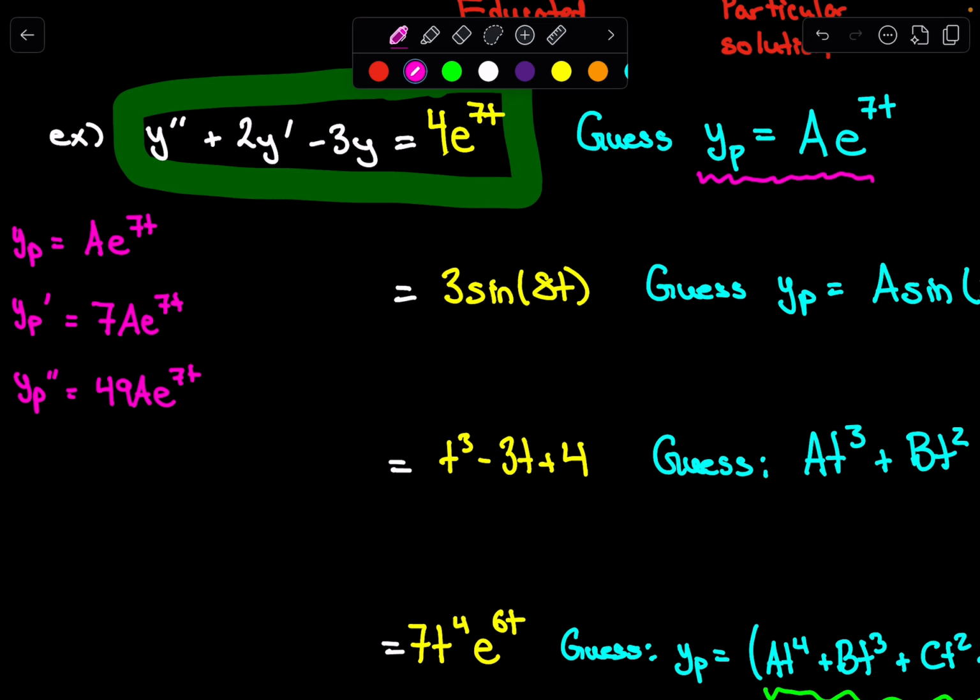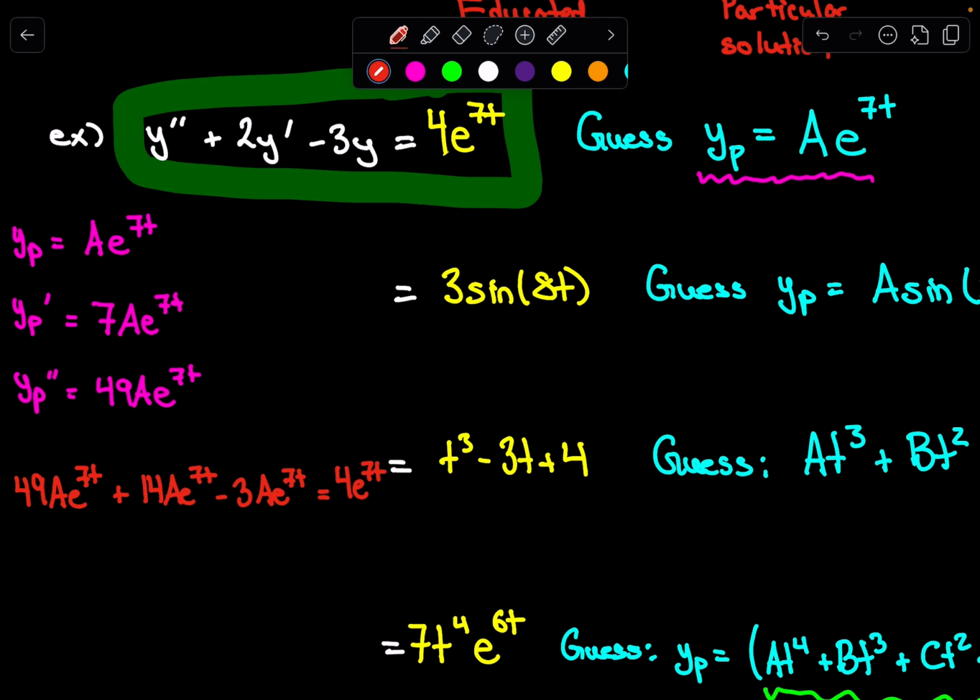And so for our differential equation, if we plug everything in, we're going to get 49a e to the 7t plus 2 times my y prime. So 2 times that is going to be 14a e to the 7t, and then minus 3 times the original thing, so minus 3a e to the 7t, and this should hopefully all equal 4e to the 7t when the dust has settled.